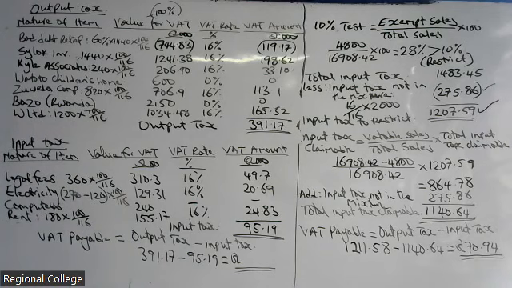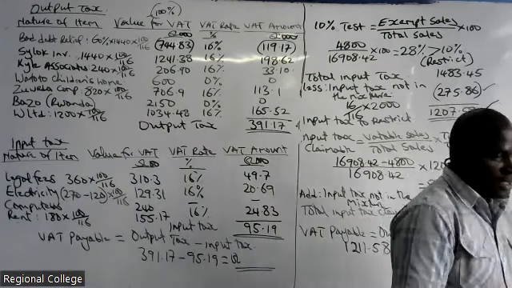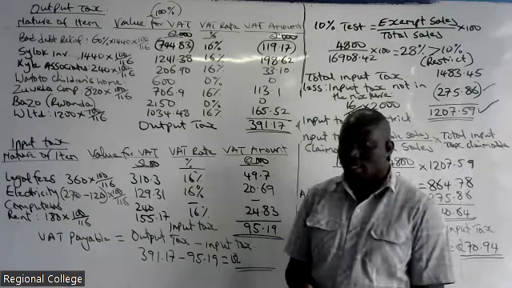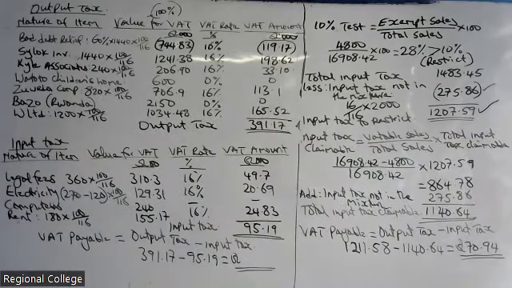With the rounding off, you are getting 95.2. So the change here, then we have our VAT payable there.